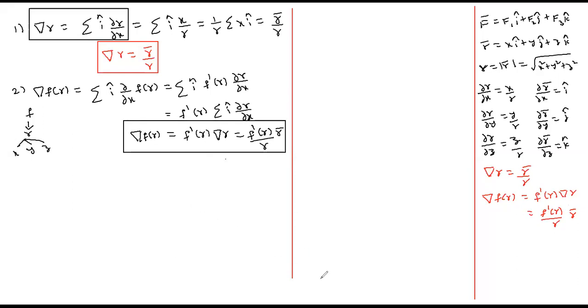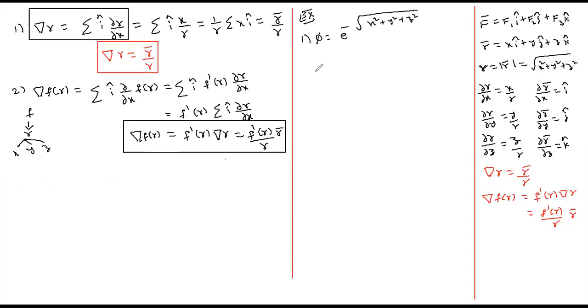Okay, let's take an example. Yesterday I gave an exercise problem. If you remember, phi is equal to e power minus root of x square plus y square plus z square.